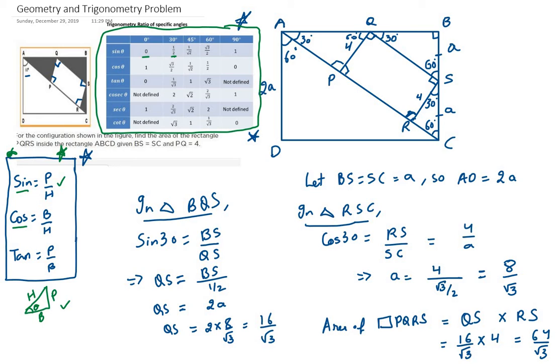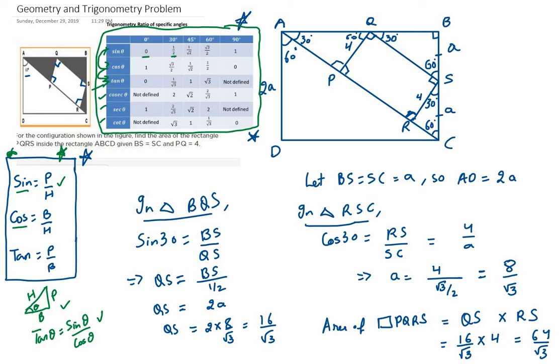The most important thing is to remember these three. If you know these three, you can always figure out the other three. And if you know sine and cos, you can always figure out tan, because essentially tan theta is sine theta by cos theta. So knowing only sine and cos is good enough. You can figure out everything else.